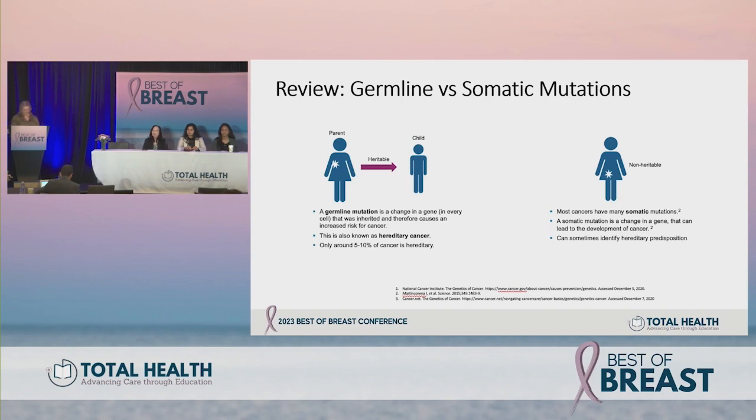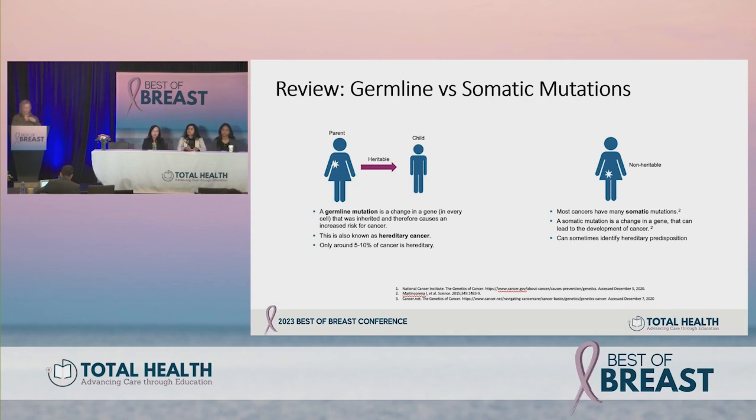Sure. As a breast oncologist, when you order a genetic panel for a patient's cancer, you may see mutations, but we have to think about whether that is a germline mutation or a somatic mutation, and distinguishing that is important. Germline mutation refers to mutations that occur before conception.